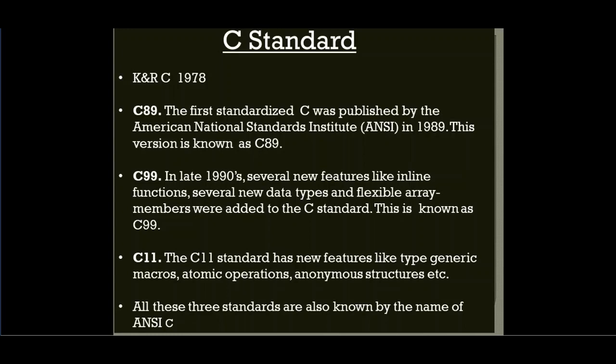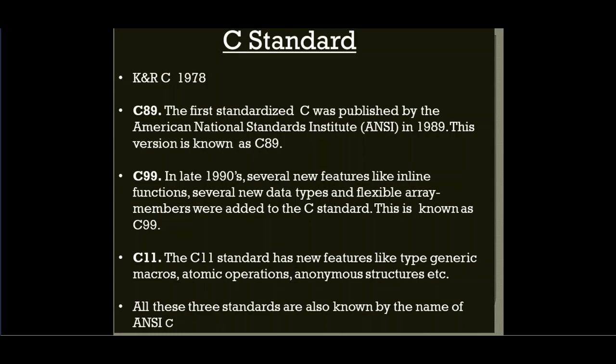The first standardized C was published by the American National Standards Institute, ANSI, in 1989. This version is known as C89. That is why it's called C89. The reason for standardization is that when a programming language like C becomes popular, it needs to have a certain standard. And the American National Standards Institute gives the stamp, this is standardized, and everyone can use a standard language.